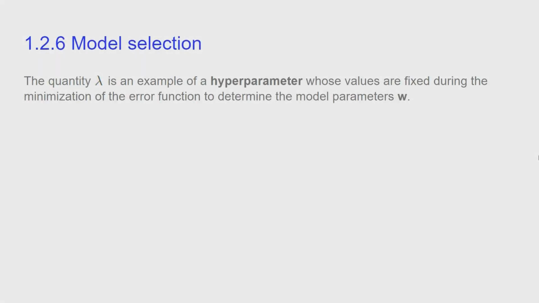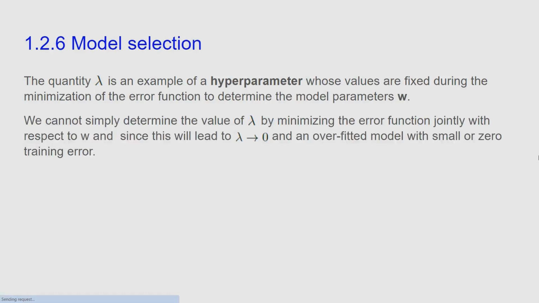1.2.6 Model selection. The quantity lambda is an example of a hyperparameter, whose values are fixed during the minimization of the error function to determine the model parameters w. We cannot simply determine the value of lambda by minimizing the error function jointly with respect to w and lambda, since this will lead to lambda approaching 0 and an overfitted model with small or zero training error.